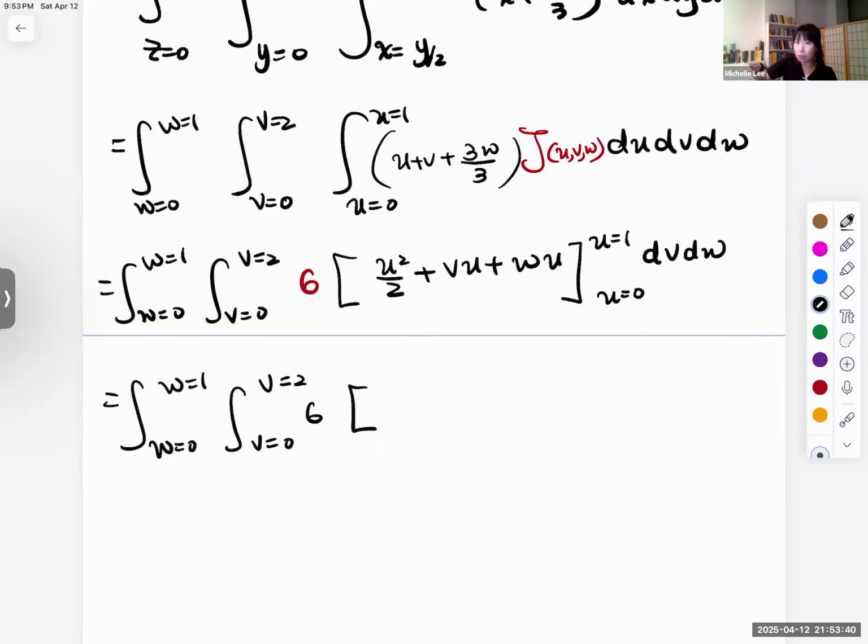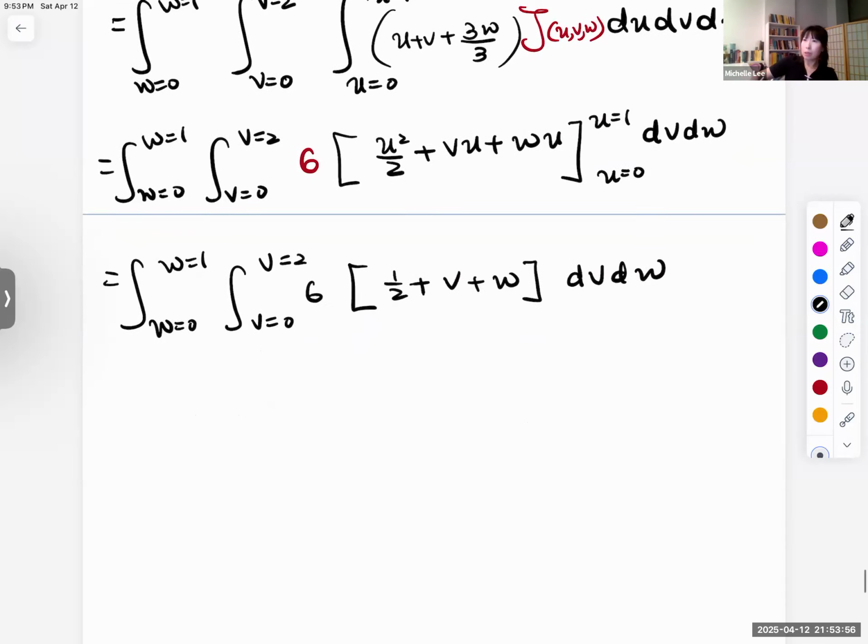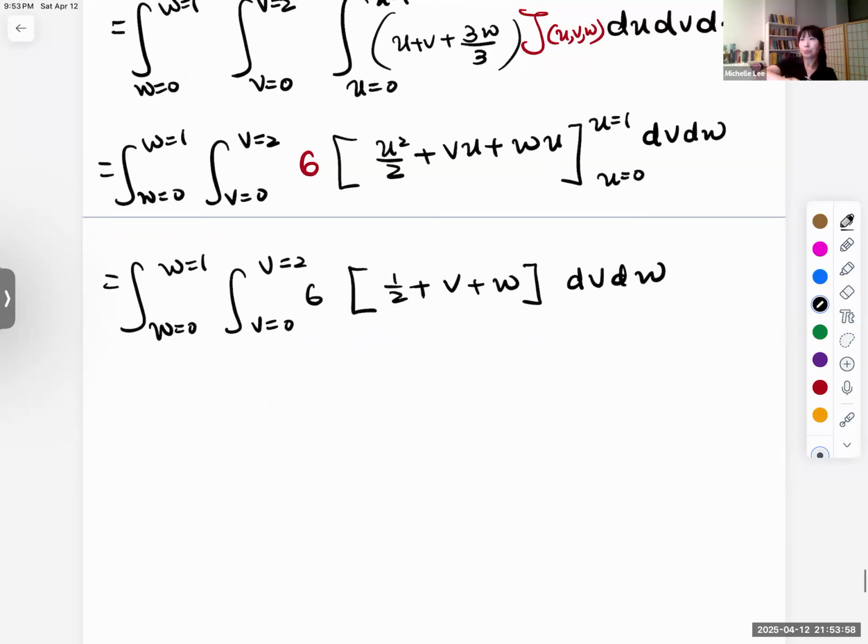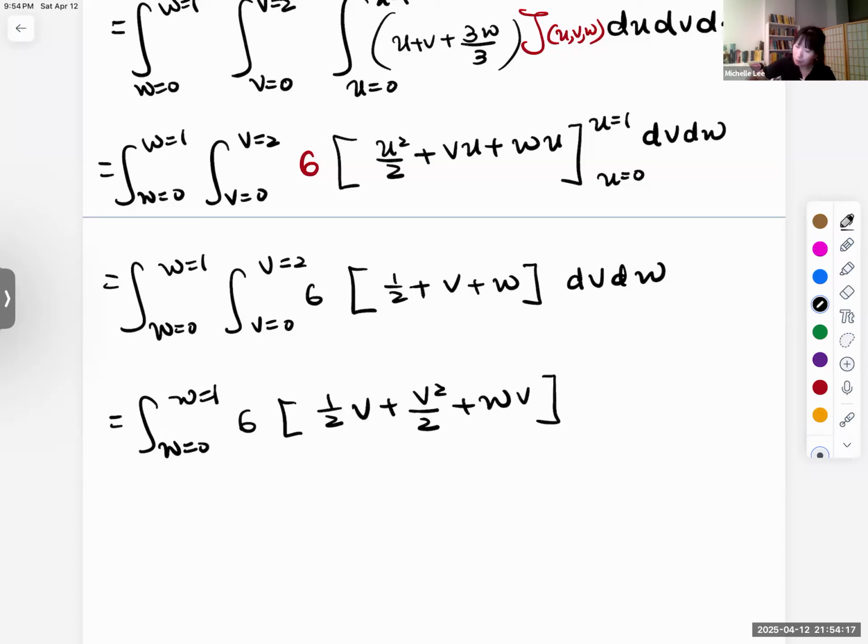Okay, now we have w equal to 0 to 1, v equal to 0 to 2, 6. Okay, so evaluating, substitute, 1 over 2 plus v plus w, yeah? Then dv, dw, right? Okay, now let's integrate with respect to v. So 1/2 of v plus v squared over 2 plus wv.